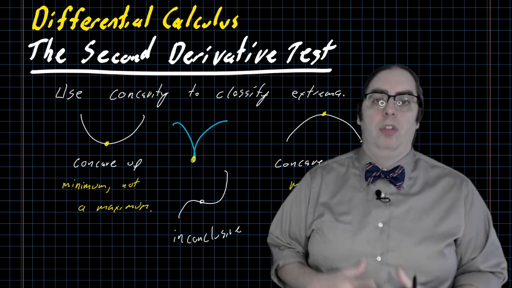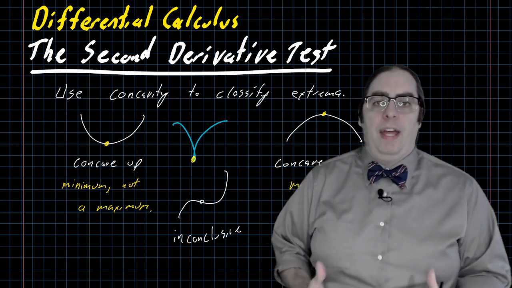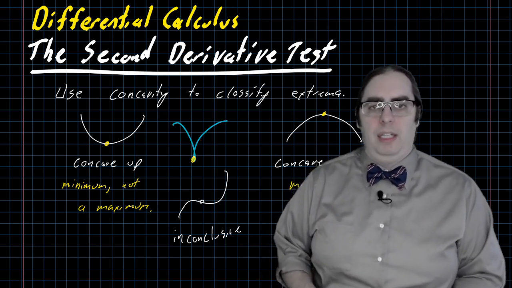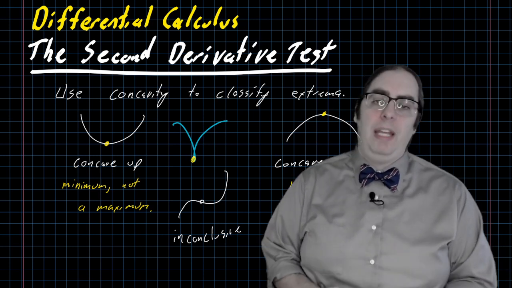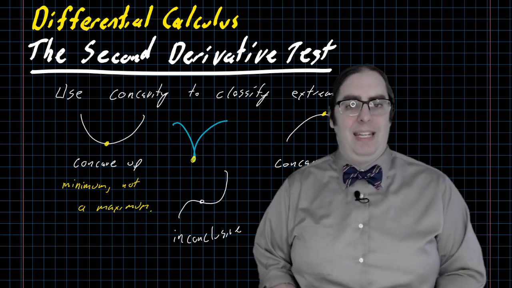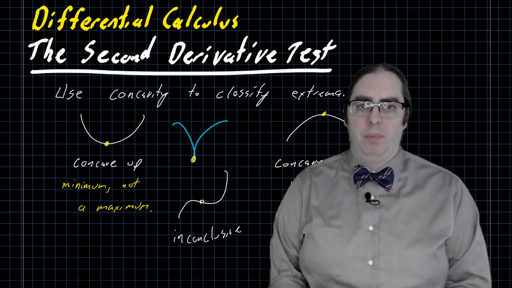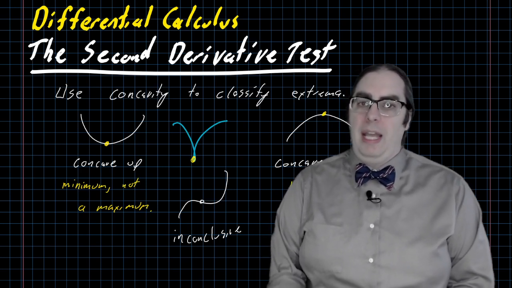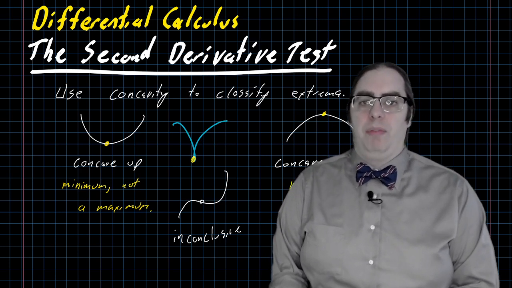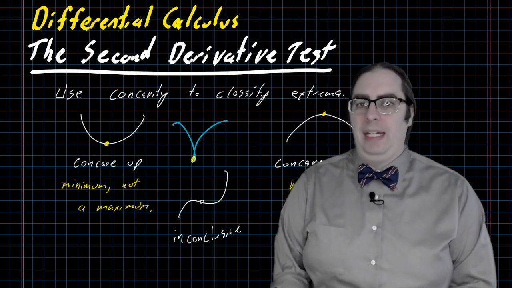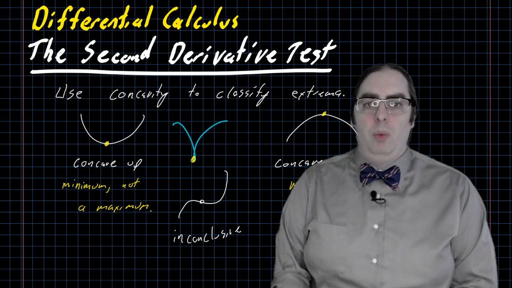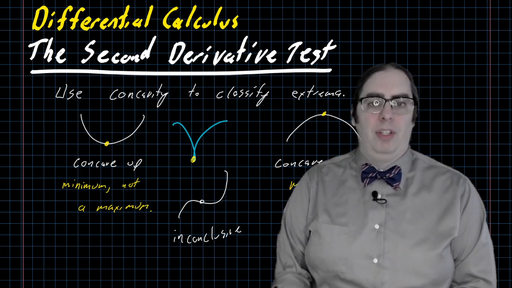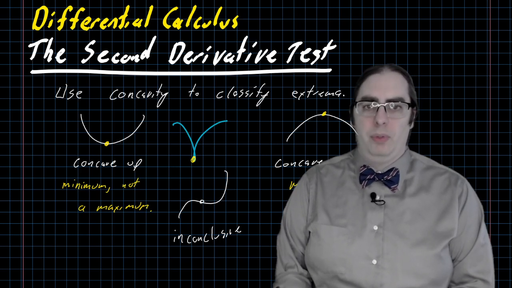All right. So that gives us the tool we need. If we have a point that is a candidate to be an extreme value, a critical point from the first derivative, and we know the second derivative, so we know the concavity at that point, then we can use that to determine if the point is a maximum or a minimum.